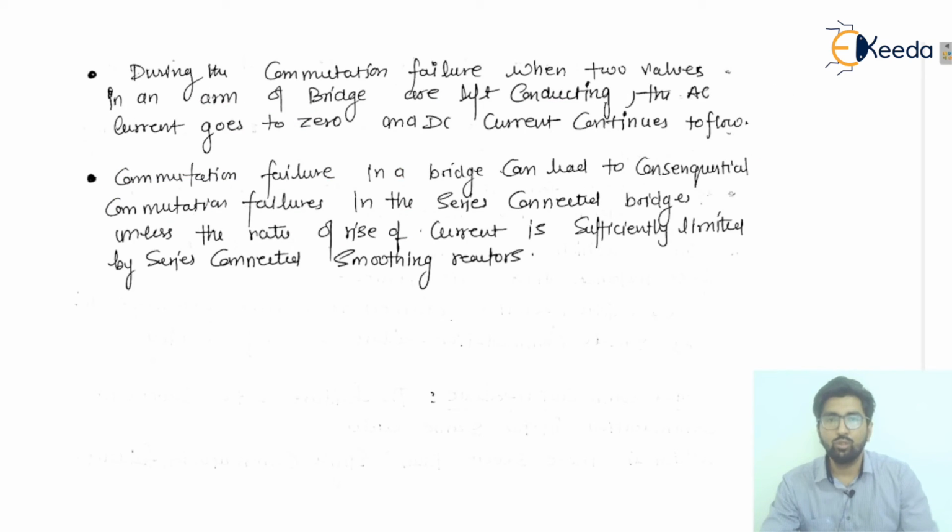Now, at the time of the commutation failure, the two valves, say valve number 1 and valve number 3, in an arm of the bridge are left conducting, and the AC current goes to 0 while the DC current continues to flow.